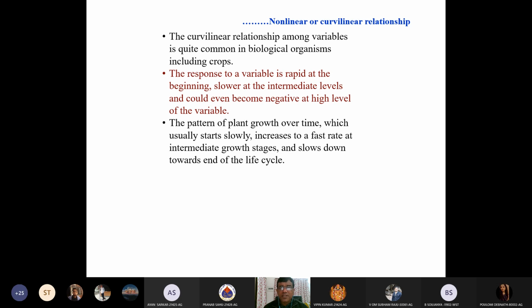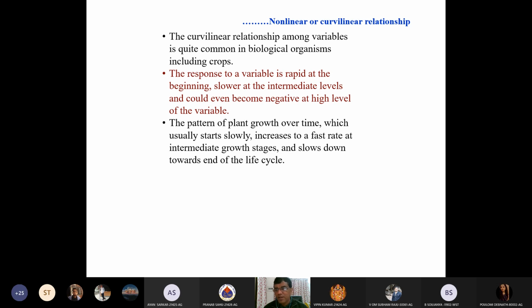The curvilinear relationship among variables is quite common in biological organisms, including crops. In crops, you have seen that the pattern of plant growth over time is usually slow in the beginning, increases at a fast rate at intermediate growth stages, and finally it slows down. So this is a kind of curvilinear relationship where the rate of change is not constant.